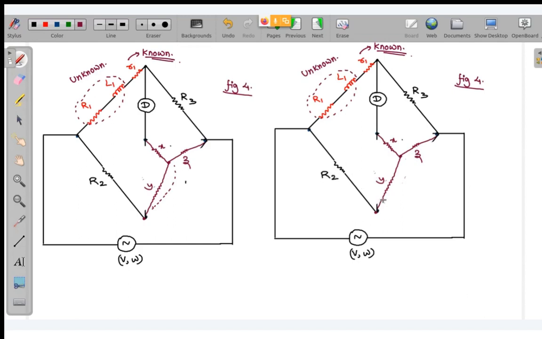This R2 and Y, it is in series. So now I can write it as R2 plus Y. See, this X point is now over here.